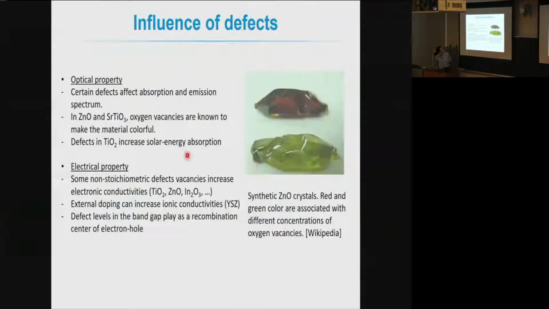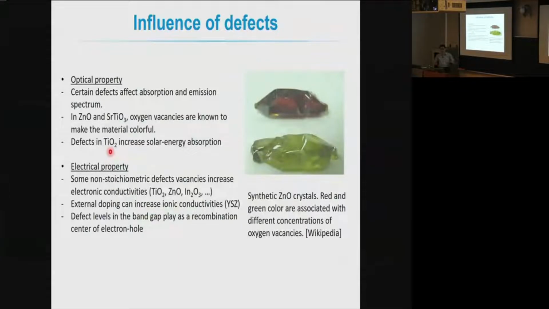And also the same is true for the strontium titanium oxide. And also in the case of TiO2, the TiO2 is an excellent photocatalyst. Okay, it has a very high photolytic conversion efficiency for the oxygen evolution reaction in this material. But the only drawback of this material is that its band gap is so wide. It's 3 electron volts. Therefore, all the visible light just passes through it.